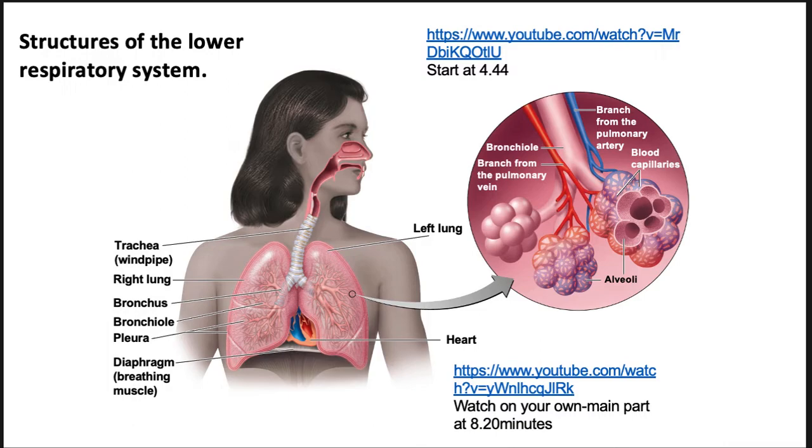The idea of the normal microbiota of your upper respiratory system is also to help prevent pathogens from getting into the lower respiratory system. But the mucus, the ciliary escalator, very, very important. And then, of course, the alveolar macrophages.